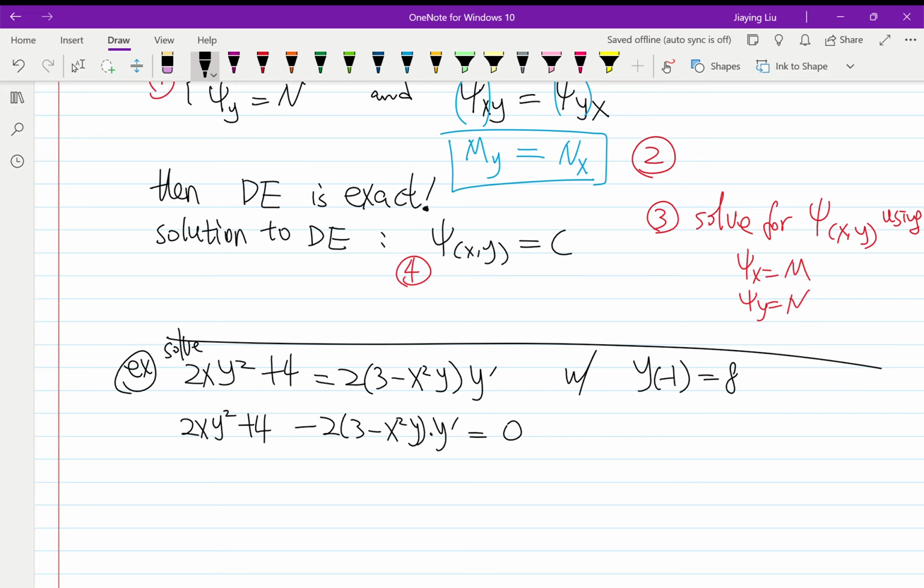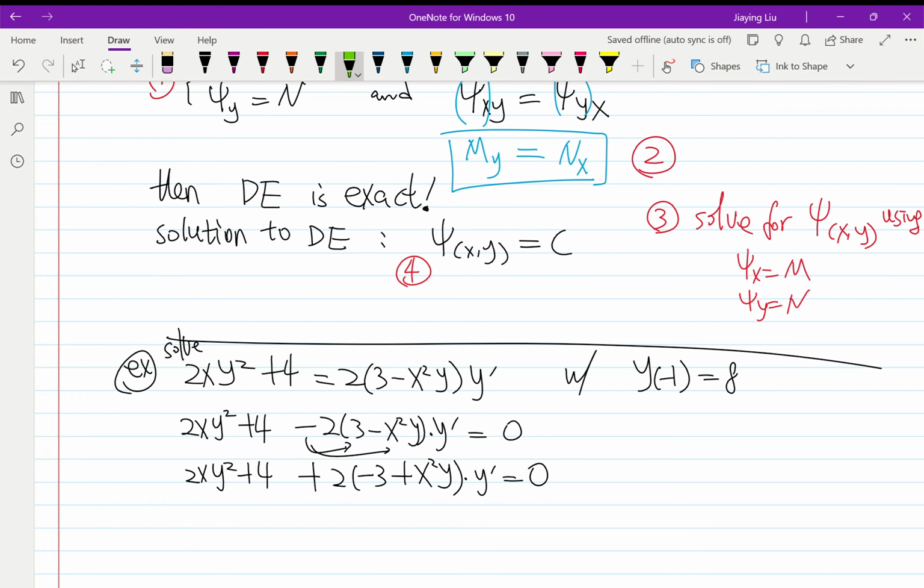So let's get rid of the negative sign by distributing it into the parentheses. So I get 2xy squared plus 4 plus 2 times negative 3 plus x squared y times y prime equals 0.